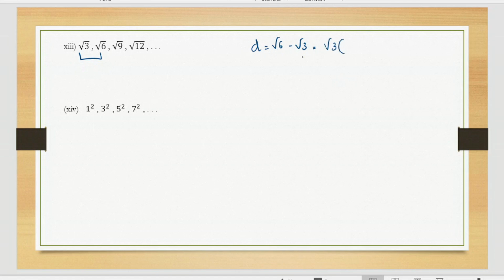If we take root 3 common, we will have root 2 minus 1. And for the next, the common difference is root 9 minus root 6. Again if we take root 3 common, we are left with root 3 minus root 2. So if you see these two terms, we can say the common differences are not the same. So it is not an AP.